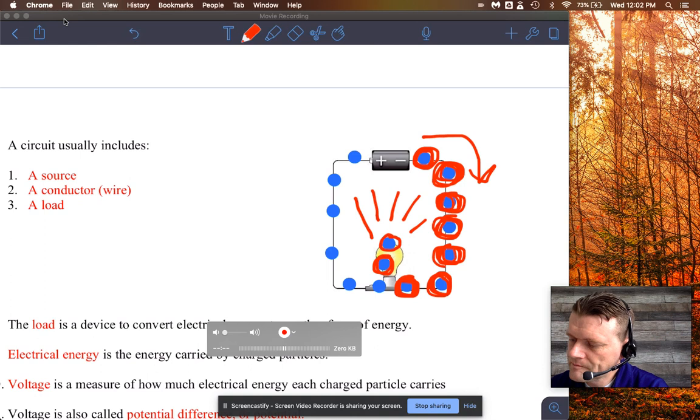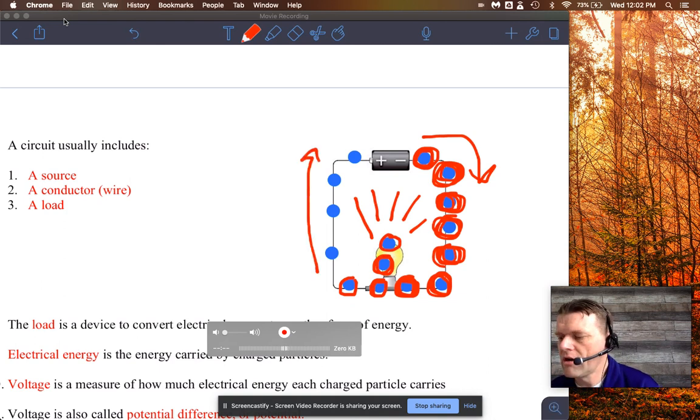And then after the electrons have gone through the light bulb, I won't show too many of these, but they basically don't have any more energy. So they will continue to move because there is current, but they will arrive at the positive terminal with essentially no energy.